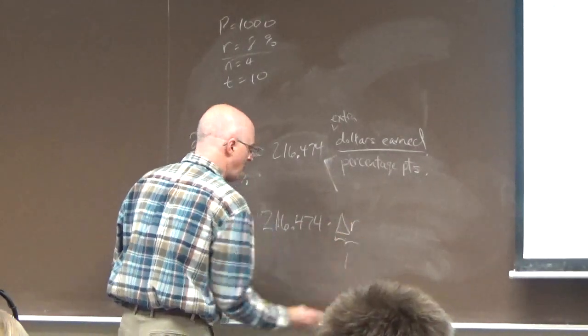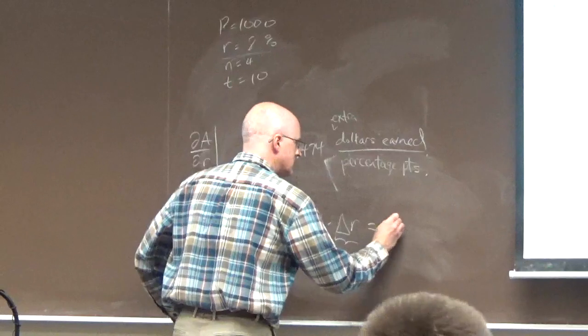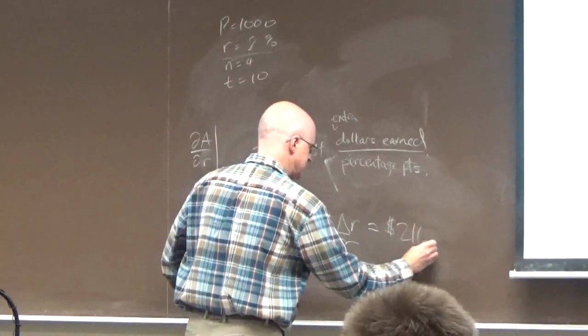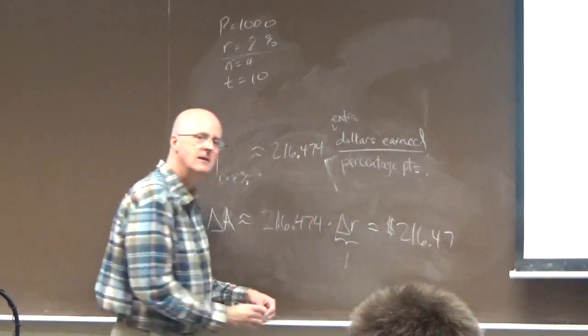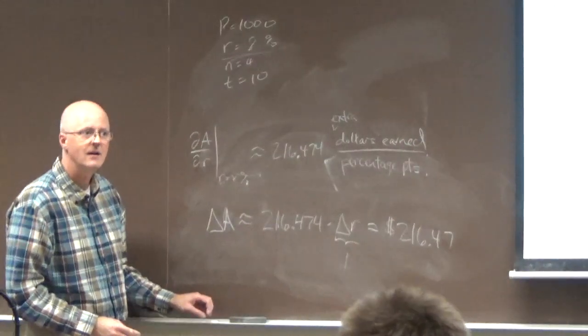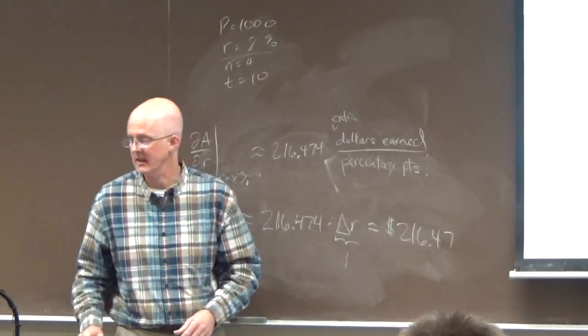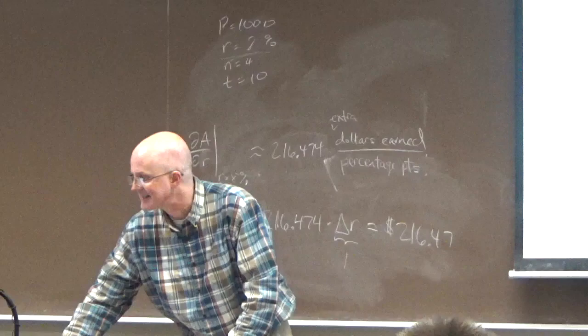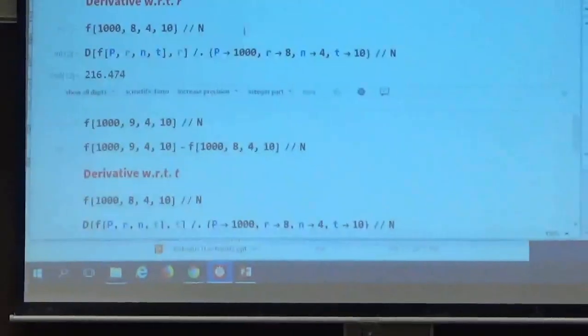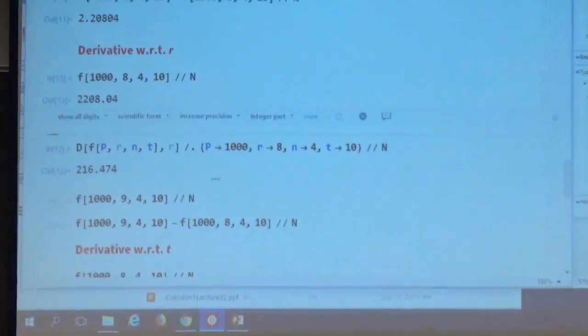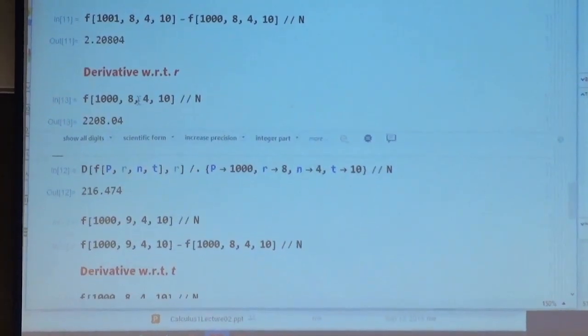If I replace that with 1, I get an extra $216.47. It's an approximation. This one's definitely an approximation. It's not exact. Here's the derivative. The original function value. If I increase R, notice what changed here.